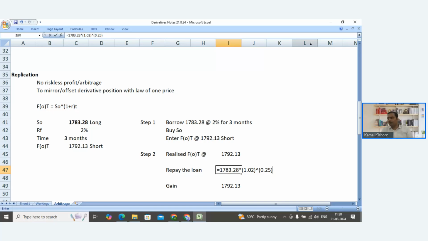Have I done PV here? Have I used the PV function? I simply multiplied, no? Then you can also multiply using your calculator. I have used the formula here in Excel. Have I used the PV function here?